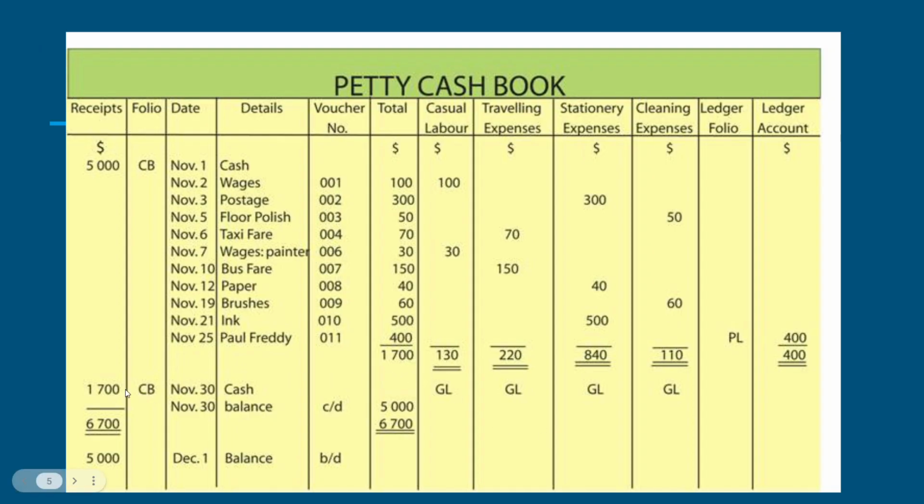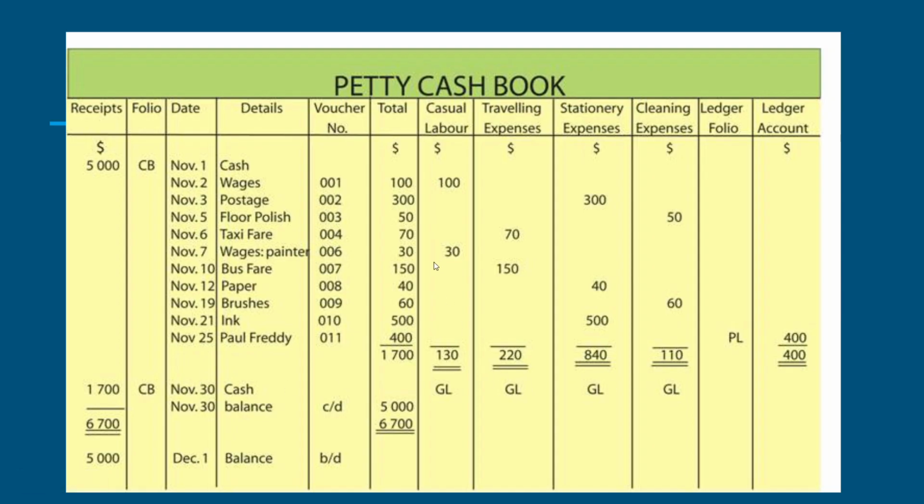Now, here we write down receipts 1,700 because that's exactly what we paid by the time November finished. So out of the account, we need to pay 1,700 into the account, and then that again, just like here we said, it's linked to the cash book, right? And then here we've got November 30 because it should always happen at the end of the month or a period of time. It depends what every business likes to do.